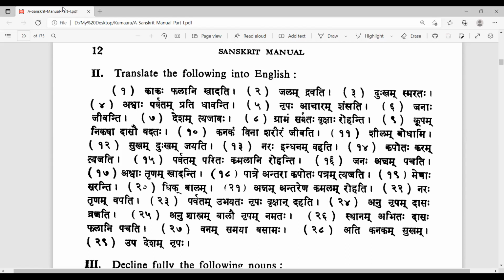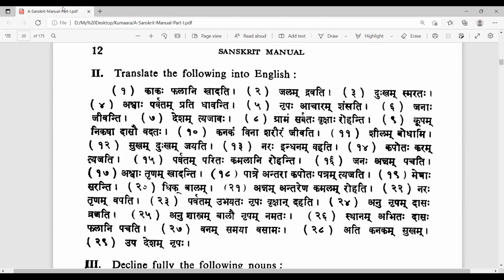दुःखं स्मरतः. अस्मिन् वाक्ये क्रियापदं स्मरतः. किं स्मरतः. Which vachanam? स्मरतः is प्रथमपुरुष द्विवचनं. Correct. किं स्मरतः, दुःखं स्मरतः.